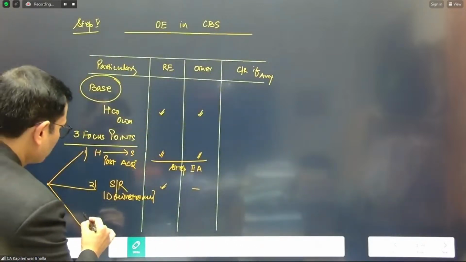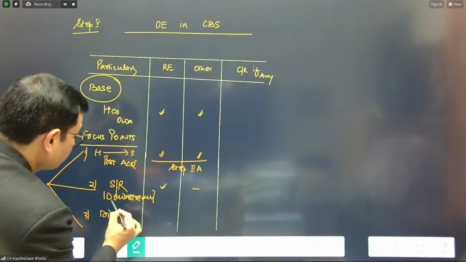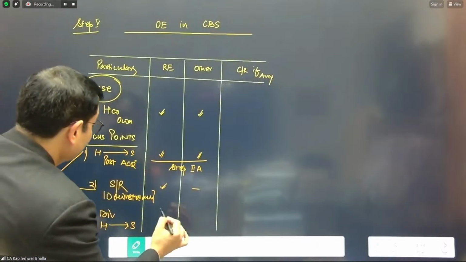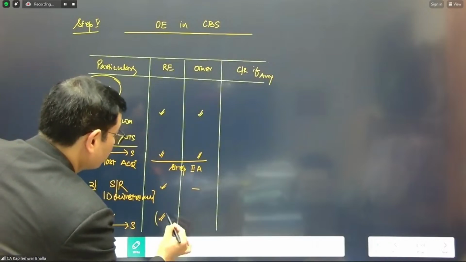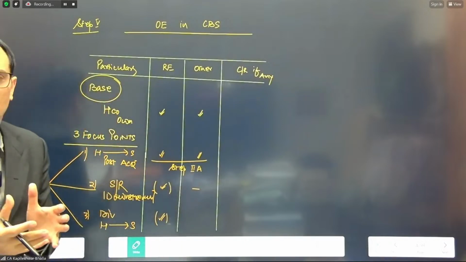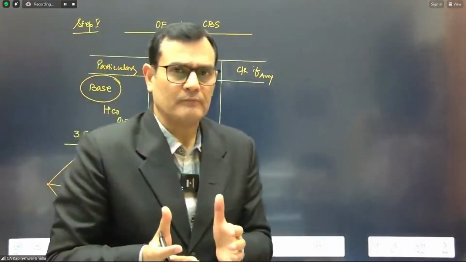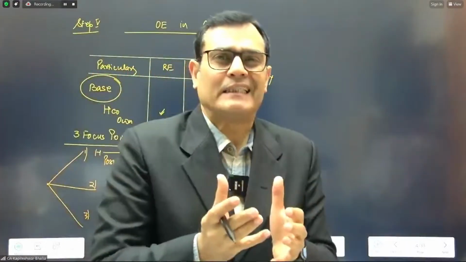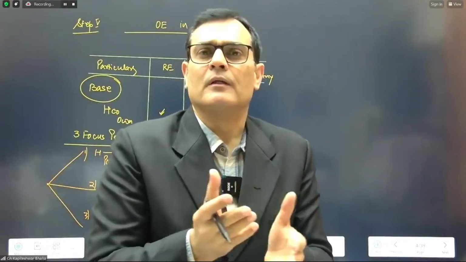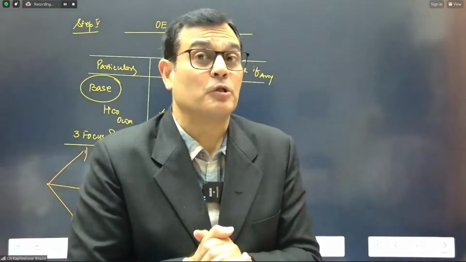Then there is a third focus point, and that would be dividends which the holding company received from the subsidiary, and that needs to be eliminated as well, because from a group point of view, it's not an income. The parent company must have taken this dividend as part of its earnings, but it's not income from the group point of view.